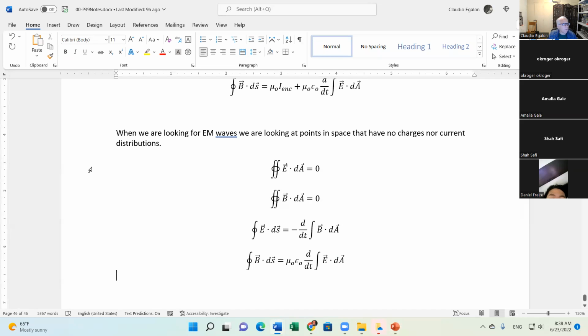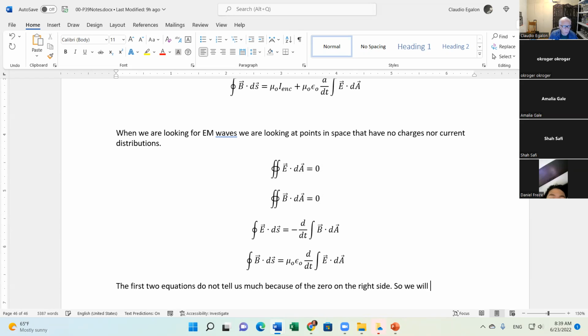This one doesn't take us very far, okay? This one has a 0 on the other side, so it doesn't take us very far. The first two equations don't tell us much because of the 0 on the right side.